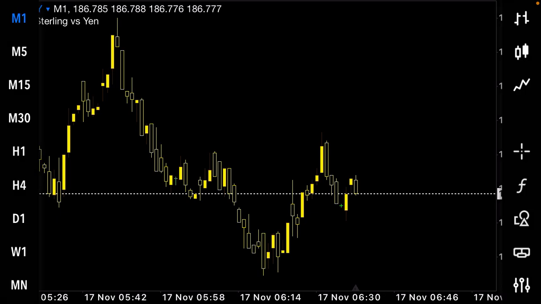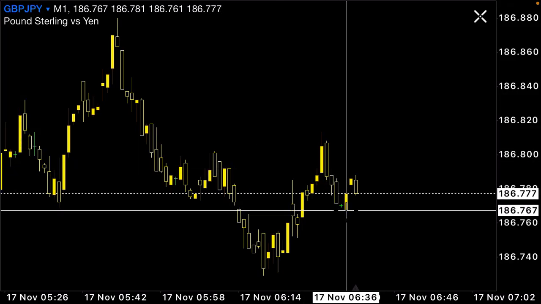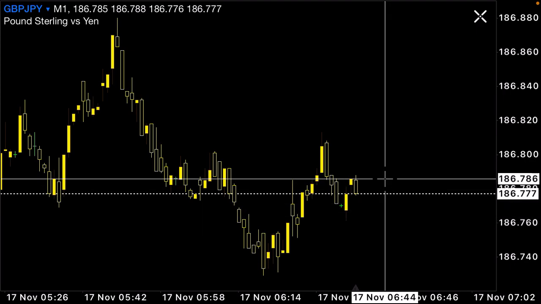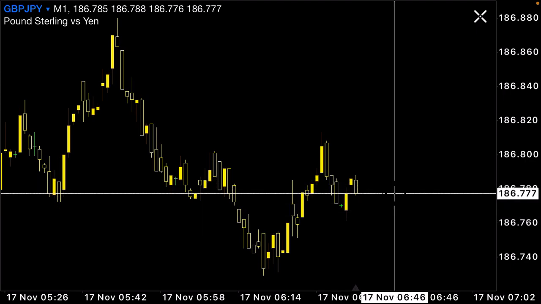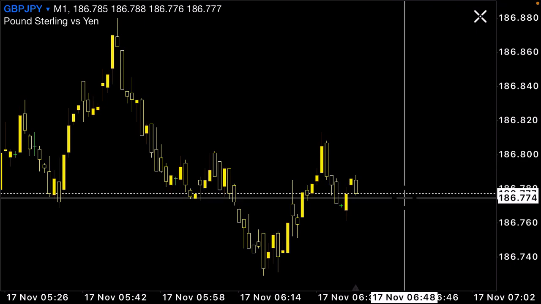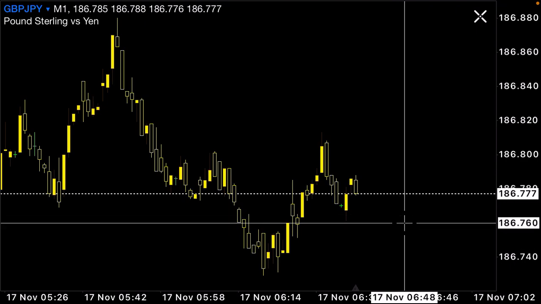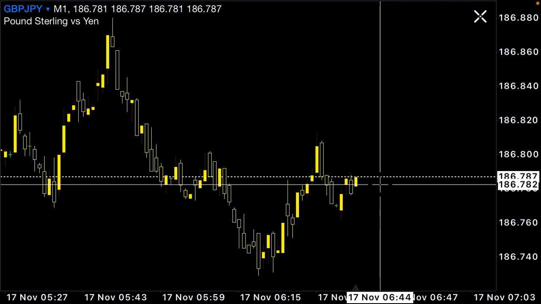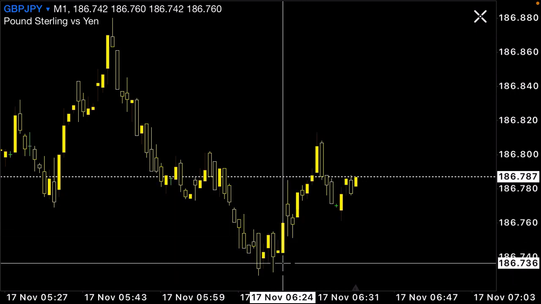So here we see it didn't just keep going straight down. It went up, sometimes, to go down. And this is a 1 minute time frame.